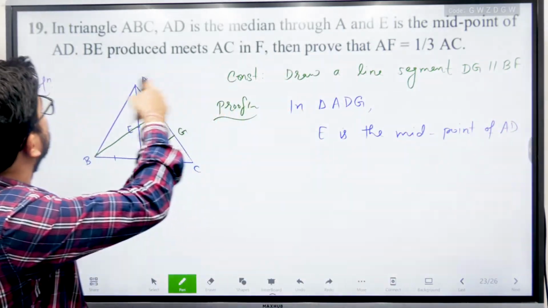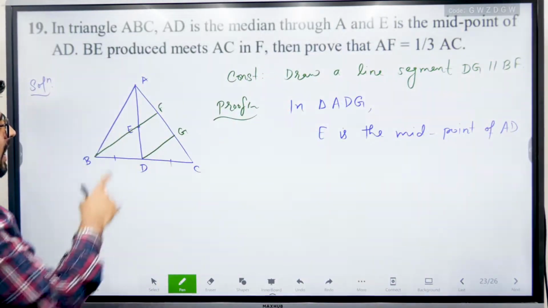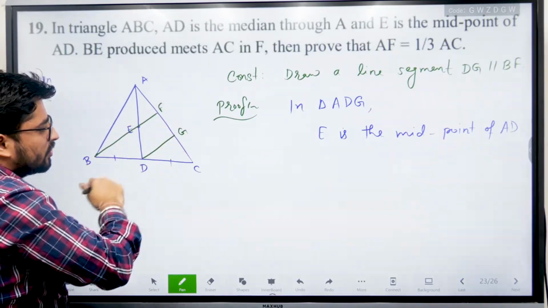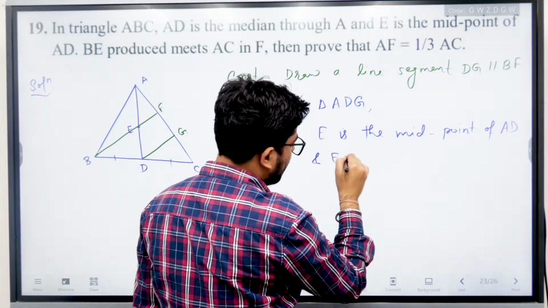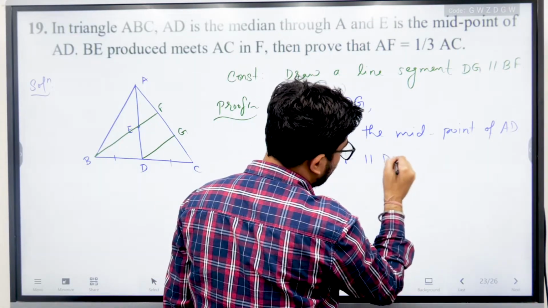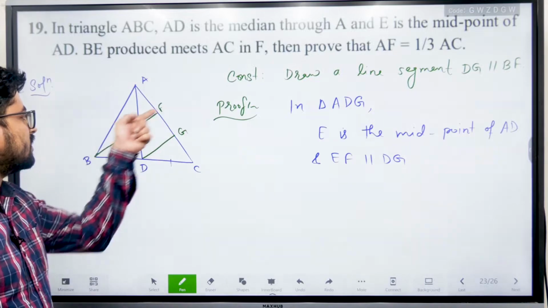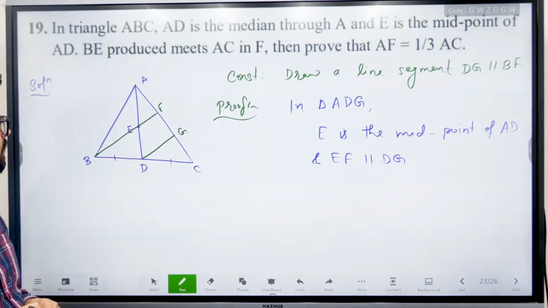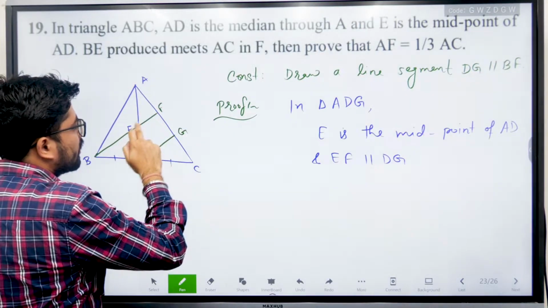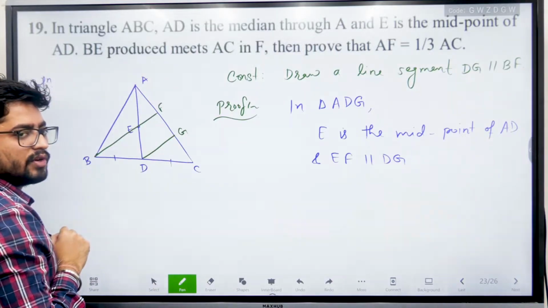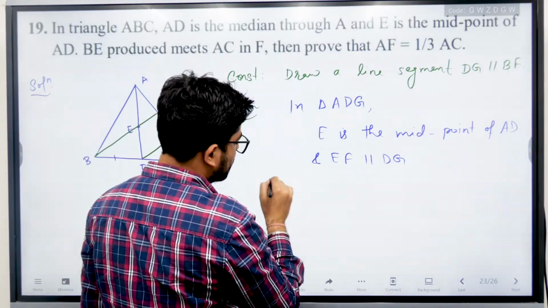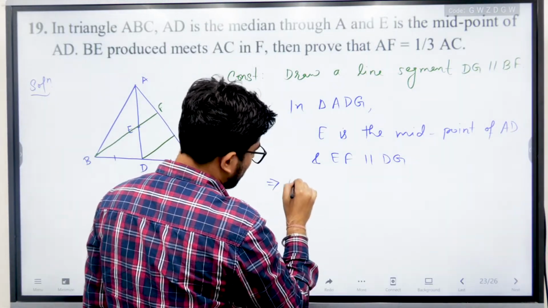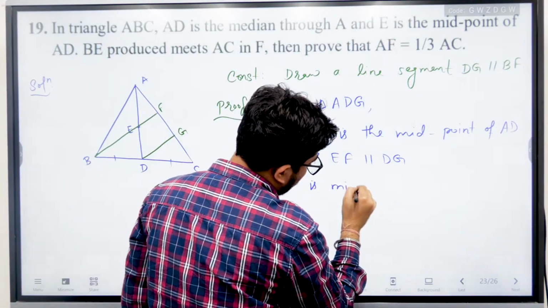This is given to us. And if BF is parallel to DG, then EF is also parallel to DG. So E is the midpoint, and EF is parallel to DG. So the converse of the midpoint theorem says F is the midpoint of AG.